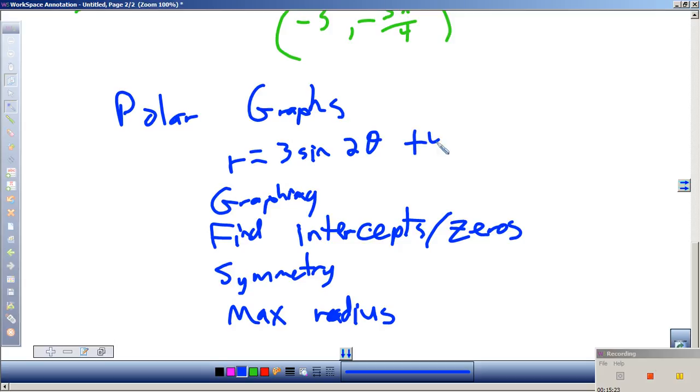So if I put like a plus 4 here, what's the maximum? 7. Remember, this is 1 times 3 plus 4. Well, not necessarily in this case. 4 increases the radius by 4. Remember, we're not in rectangular coordinates, plus 4 would move it up 4. But we're not in rectangular.